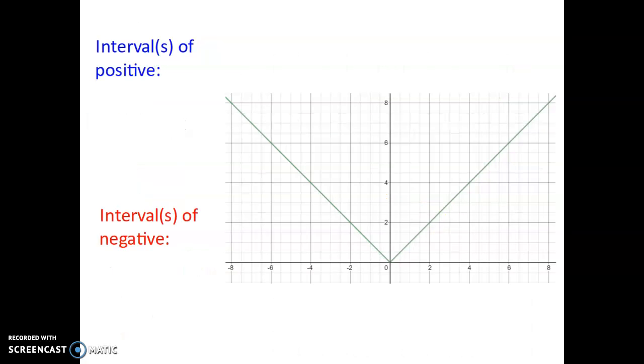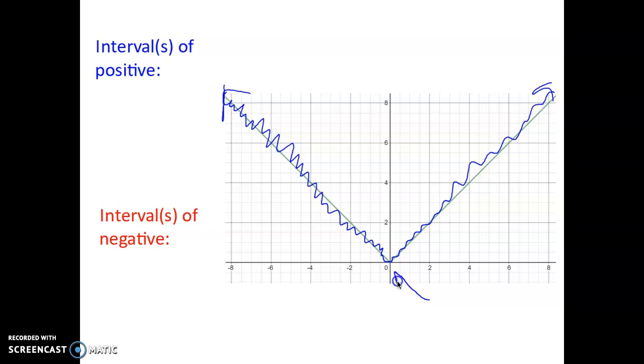All right, how about intervals of positive? Remember, for positive, we look at where this one is above the x-axis, and I always read my graph from left to right. So if I color blue everywhere that this one is above the x-axis, I'm going to be on and on forever in both directions except for one place. Right there, actually at 0, this graph is not positive.